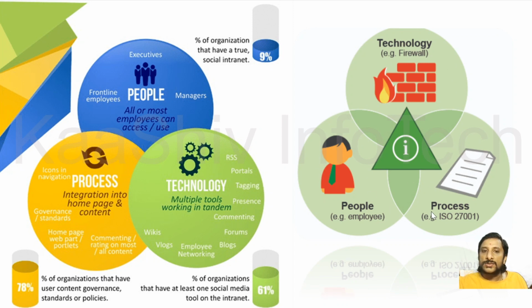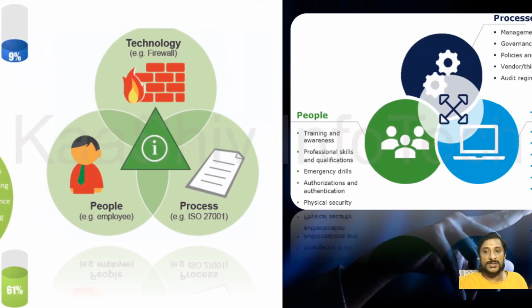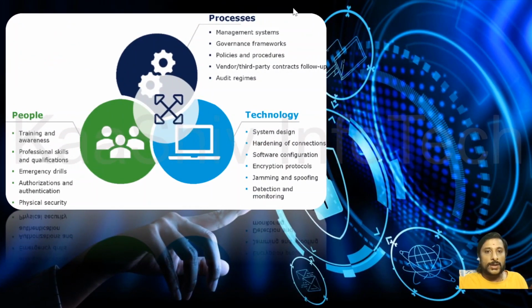All three are very important to control the cyber threats. The process involves management systems, governance frameworks, policies, third-party contracts follow-up, and auditing. Everything comes into the process. We will follow the process so that there won't be any problem.